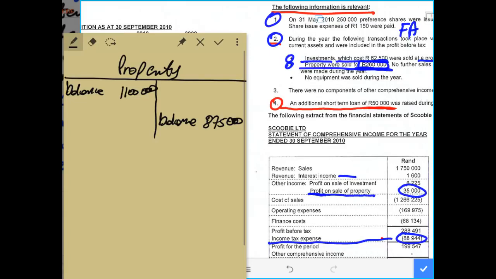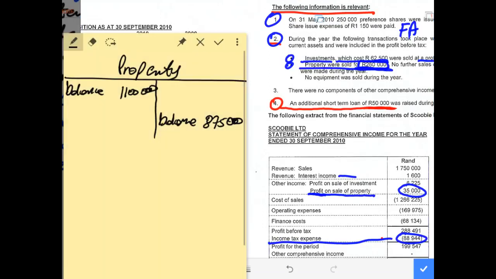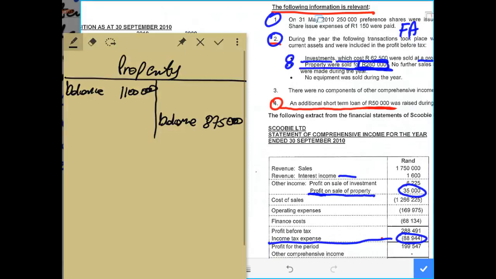There was a profit on sale of property in the income statement. That means that profit indicates that the value of the property was less than 260,000, which is the price it was sold for.